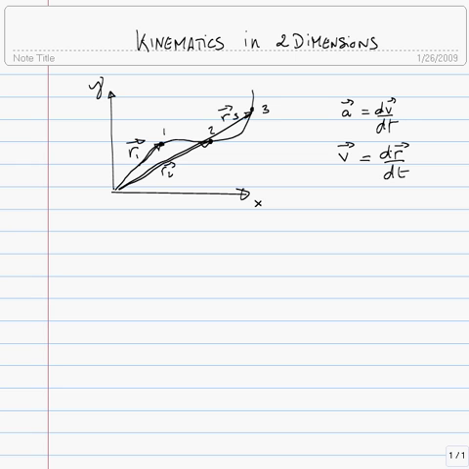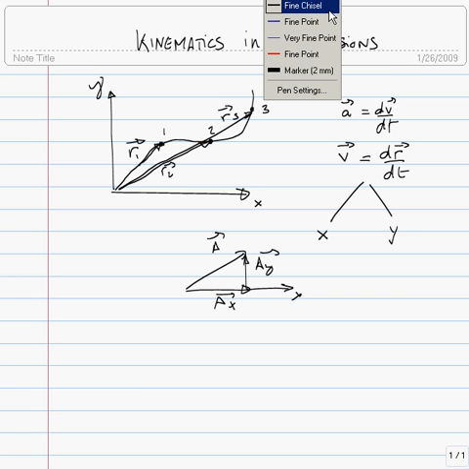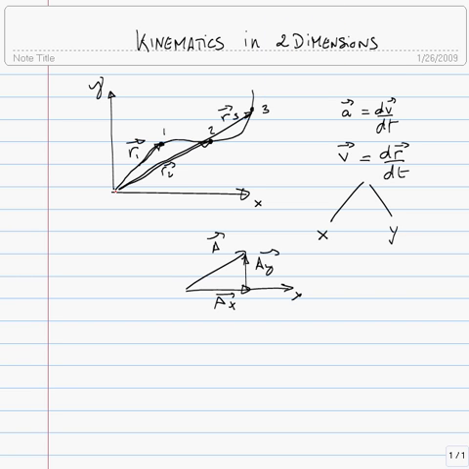Since r is a vector, we're going to be able to decompose it into 2 dimensions, the x dimension and the y dimension. So the same way as we could decompose any vector a into one component ax along the x direction, another component ay along the y direction, we're going to be able to do the same thing with r, such that r1 can be decomposed as r1x and r1y.